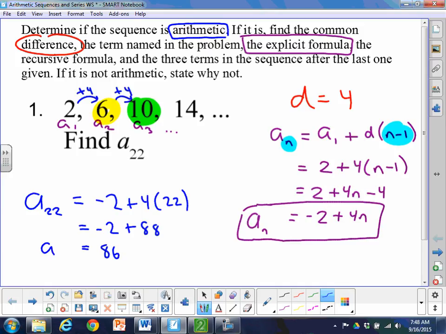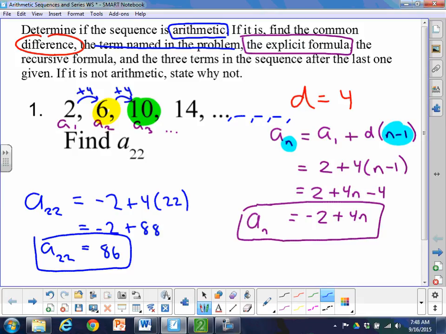So the 22nd term, if this thing were to continue really far, the 22nd thing in the list would be 86. So we got the term done. We got the explicit formula.